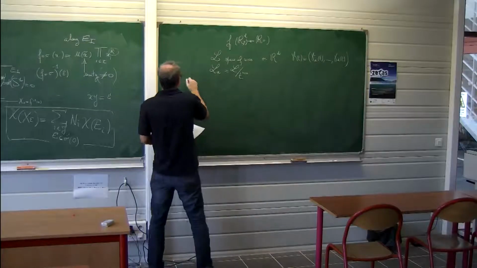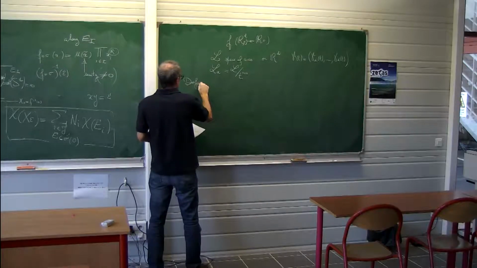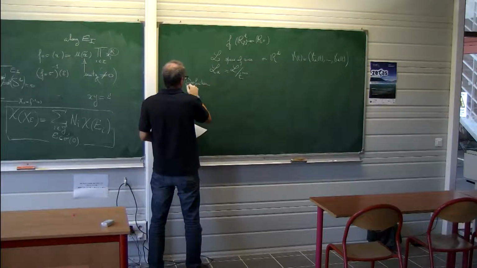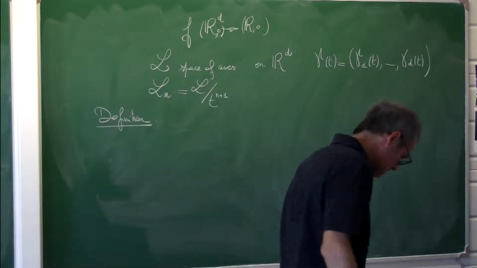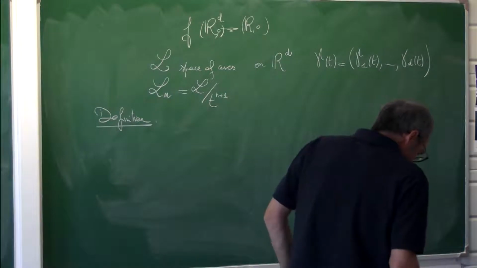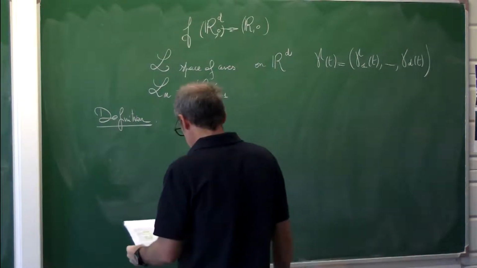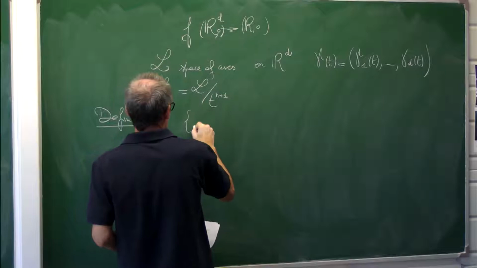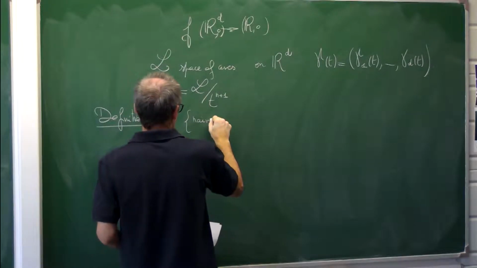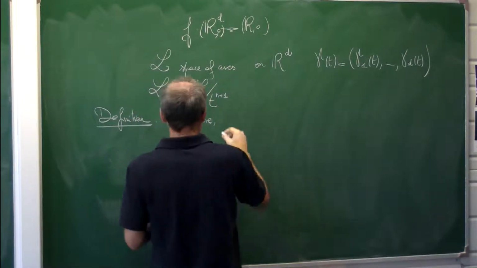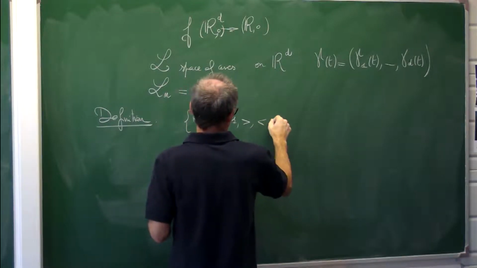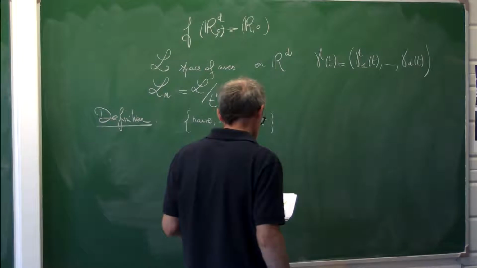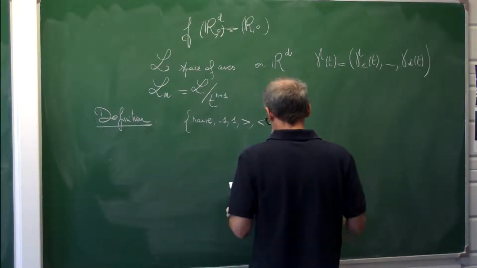And now, definition. So here comes my zeta function, my zeta series. I consider a set of five symbols. The first one is called naive. The second one is -1, 1, bigger, less, strictly bigger, strictly less.